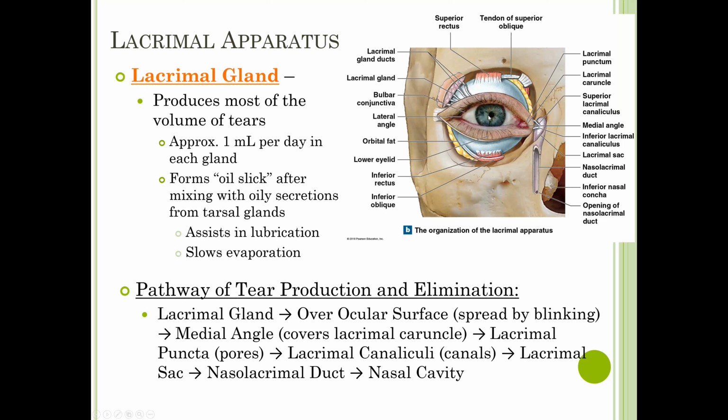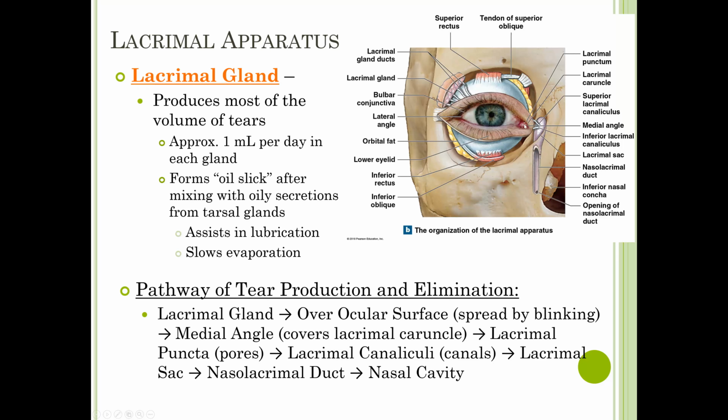And then eventually they make their way to the medial angle of the eye, which we also call the medial canthus, and they're going to cover the lacrimal caruncle in this eye. And oftentimes tears can build up in this location, and it looks like a little lake of tears in the corner of your eye. Then in this region there are two very small holes called lacrimal puncta or pores. A single one is called a punctum, and together they're called puncta.